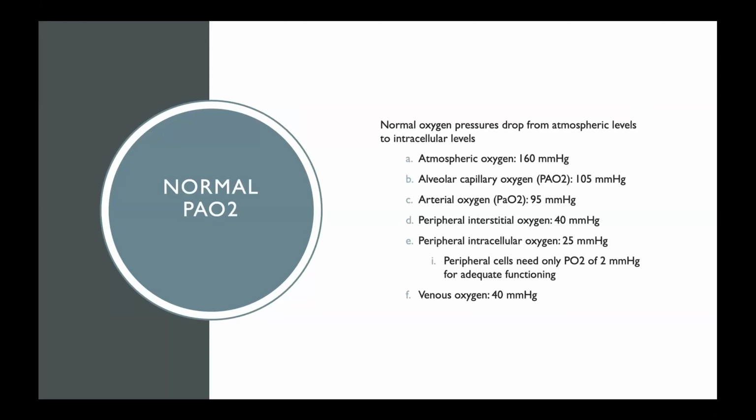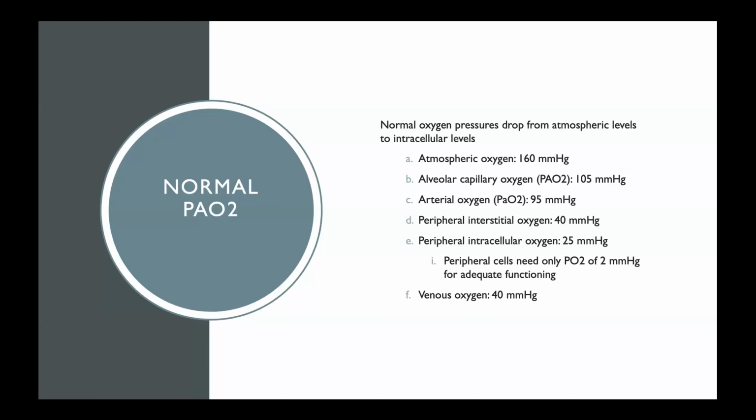Then alveolar capillary oxygen: when you breathe in, the alveolar capillary also will have an oxygen pressure. Generally it is 105, and that is normal. Then arterial oxygen, which we see in the blood gas, is 95.